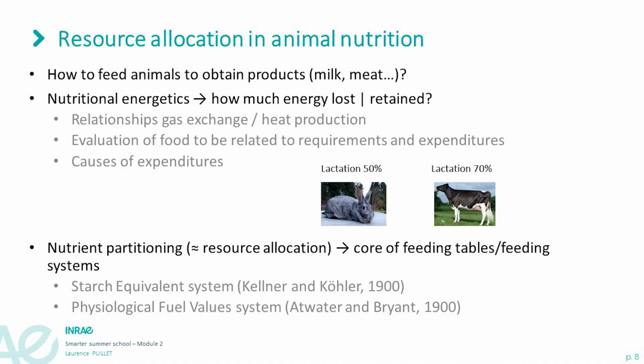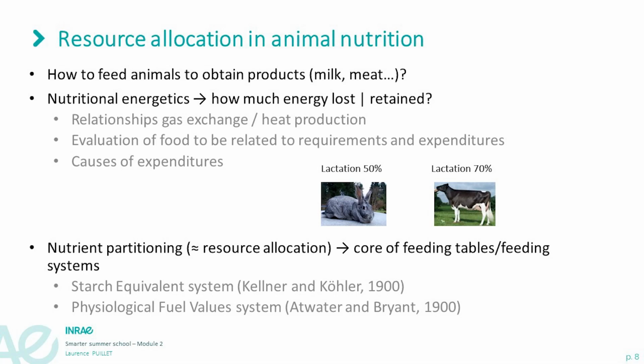So basically, animal nutrition is to understand how to feed animals to obtain products. There is obviously a link with feed efficiency. And the background of this area is really energetics, and understanding how much energy is lost or retained by an animal. So historical approaches were about understanding gas exchanges, heat production of the animal, being able to evaluate the food that the animals are eating related to their requirement and expenditure, and also understanding the causes of expenditure.